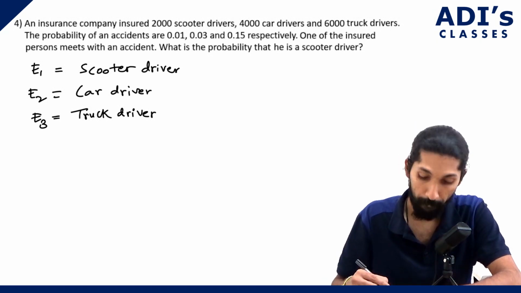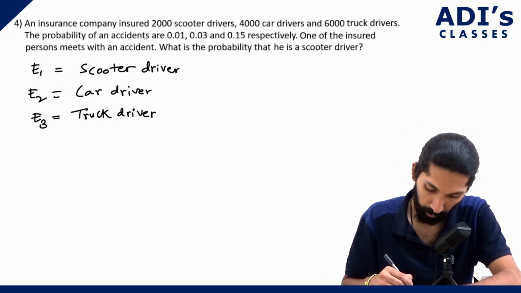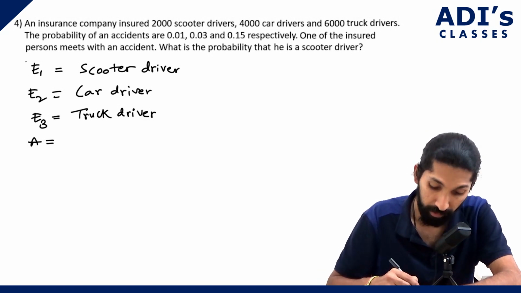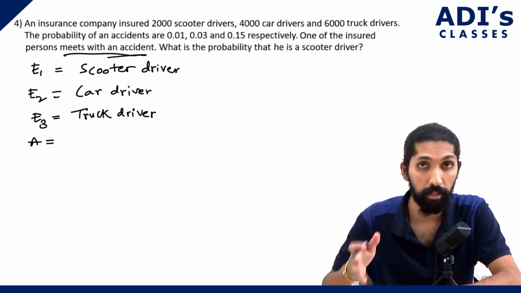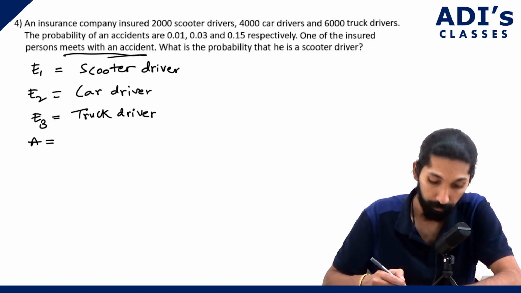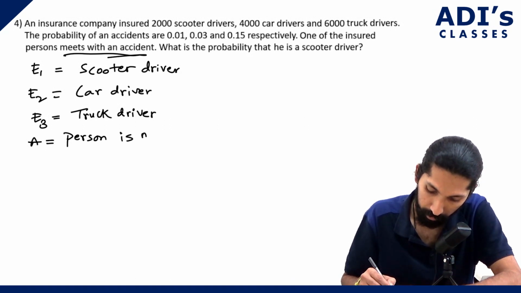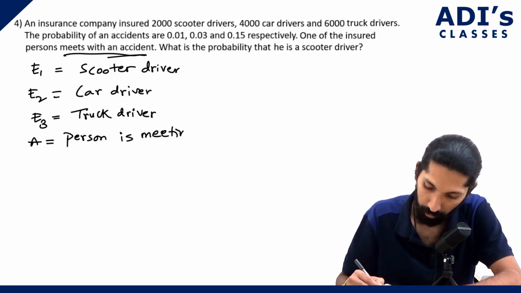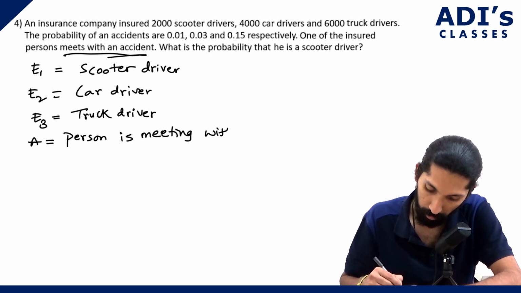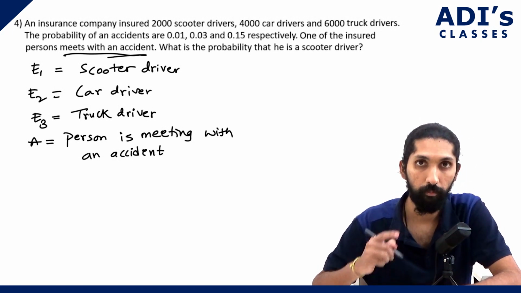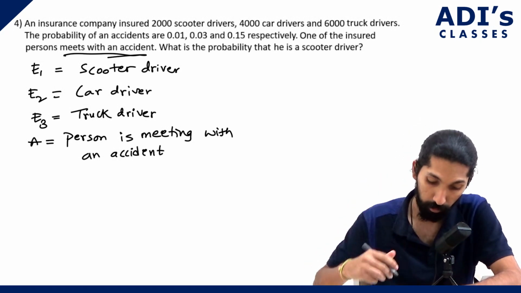Fair enough? Now what is A? A is that, look at the question, one of the insured persons meets with an accident. The person is getting into an accident. So A is that person is meeting with an accident. Fair enough?